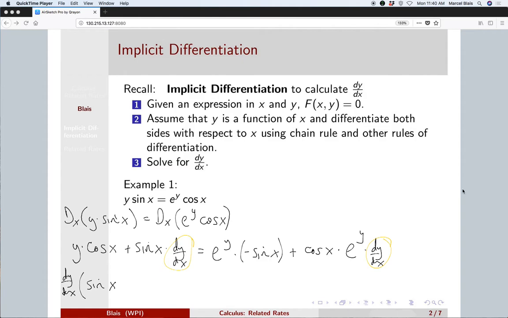So we have minus e to the y times cosine of x. On the right-hand side, we still have this e to the y negative sine x, so minus e to the y sine x. And then we subtract this y cosine x from both sides.